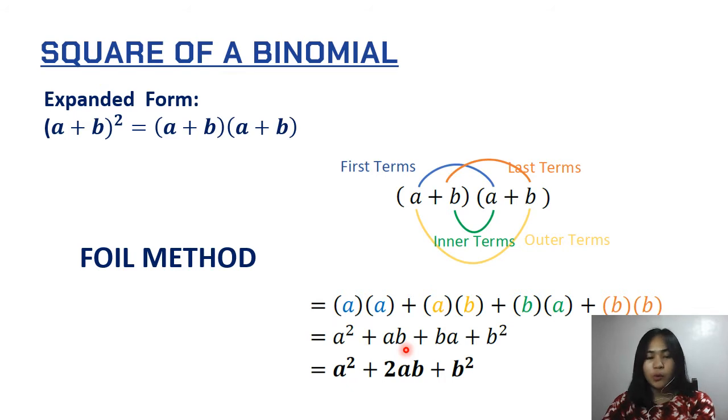That's why we will combine these. In combining similar terms, we just use addition. So ab plus ba is equal to 2ab. So we copy a squared plus 2ab plus b squared. This is how we solve the square of a binomial using the FOIL method.